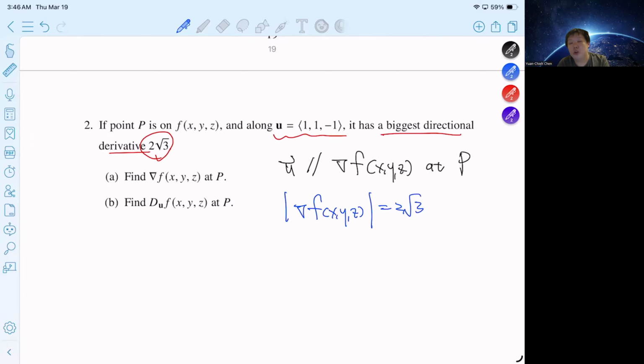That reduces to the old problem: you are given a vector's direction and its length, and we need to find that vector.